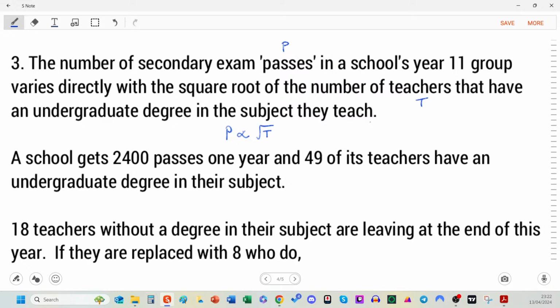So that's the proportionality statement. And we could say when we're in the exam that where P equals the number of passes, T equals the teachers with undergrad.